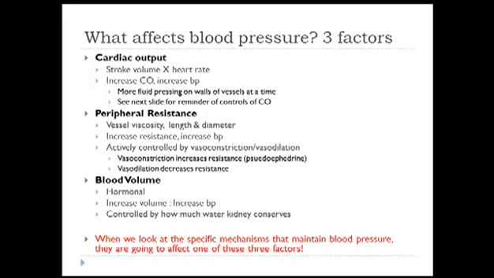So just to review, our cardiac output is stroke volume times heart rate. So your stroke volume is going to be how much blood the ventricle is going to pump out with each beat of the heart, and your heart rate is going to be the amount of beats per minute by the heart.